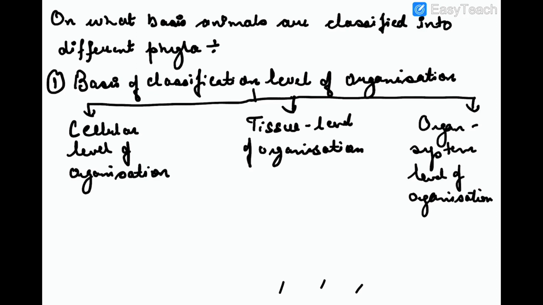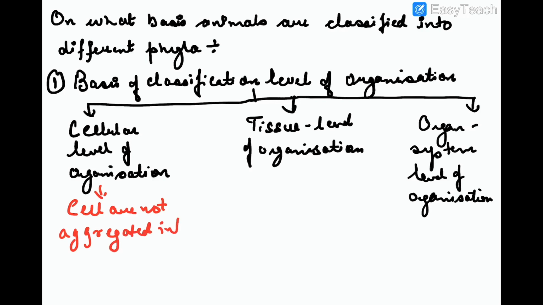Now, in cellular level of organization, cells are not aggregated into tissues. Example of cellular level of organization is Porifera, the first phylum.